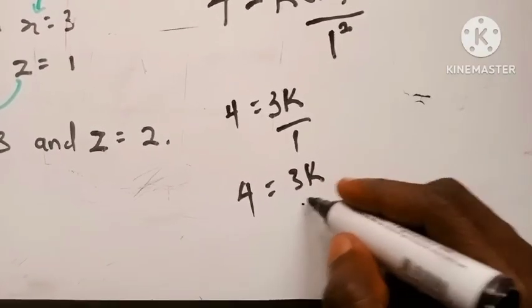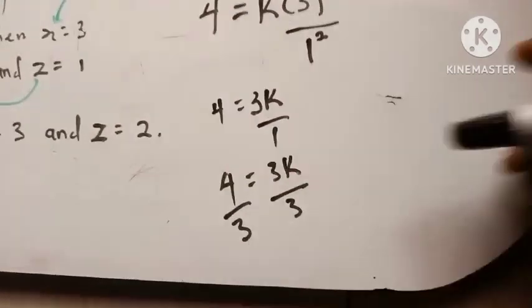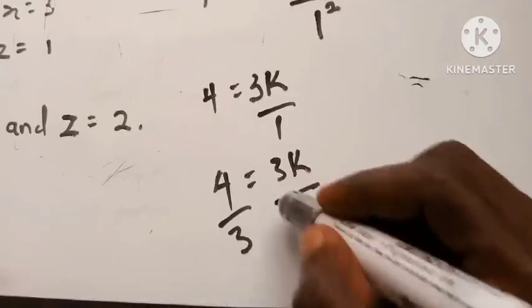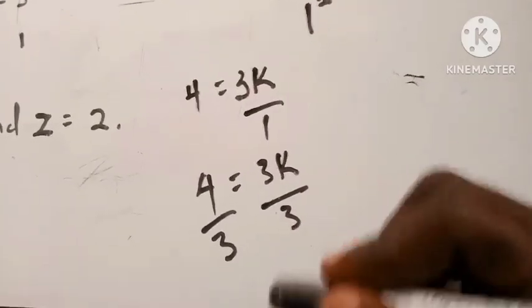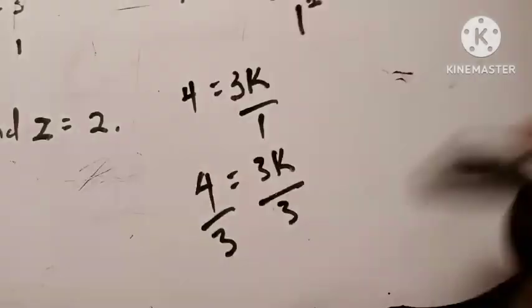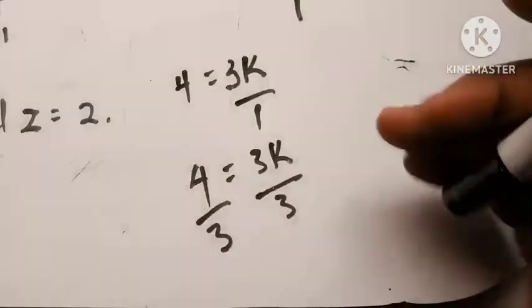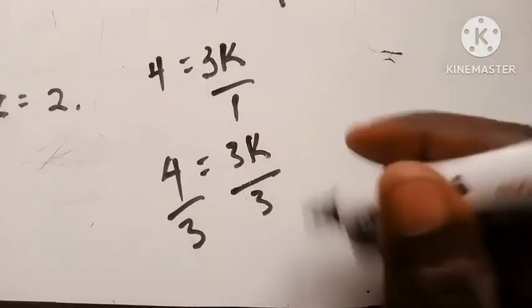If you don't know, you divide this one by 3 and then divide here by 3. We are dividing because we want this 3 to vanish. The 3 is multiplying here, so if you want the 3 to vanish, we want the inverse of the 3, the opposite direction. If you are multiplying, then you have to go the opposite way. So that's why we divide here by 3 and then divide here by 3.